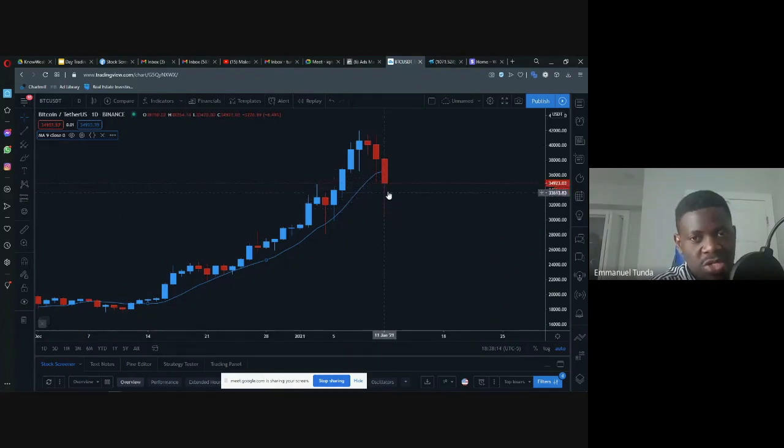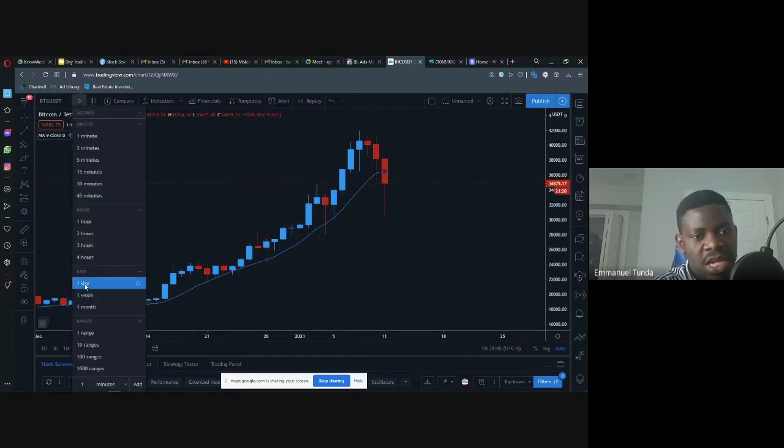What this does is show you where the price opened, what was the lowest price, and where it is right now or where it closed. And this depends on the time frame. So if you put a 1 hour time frame, this means every candle here shows you what the price, or what the security, did in 1 hour.